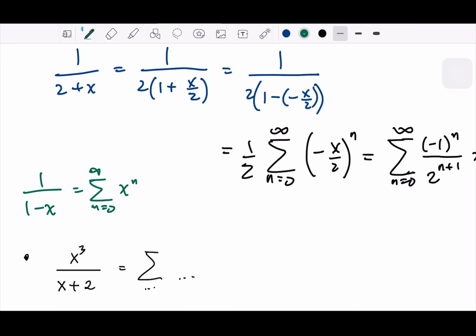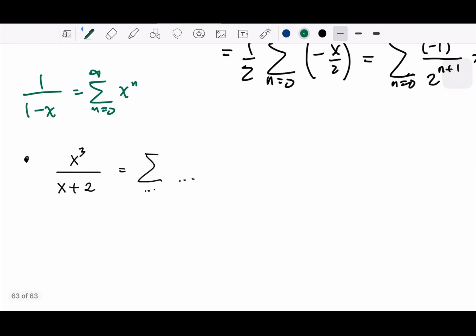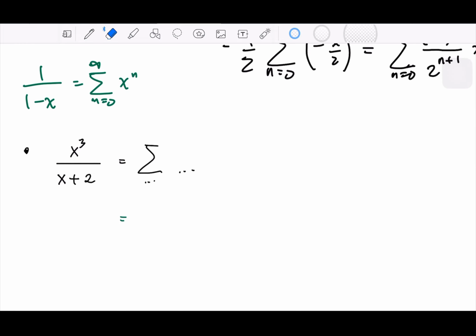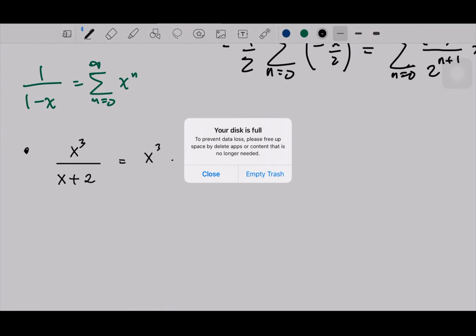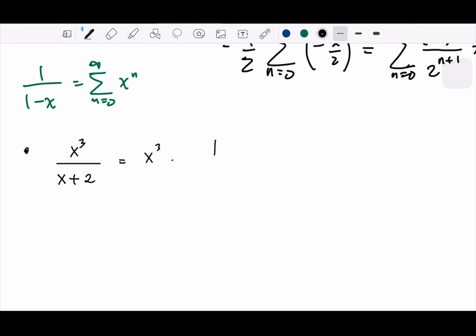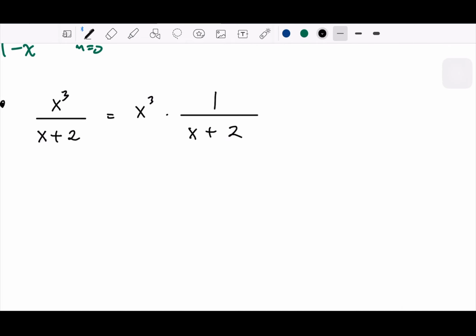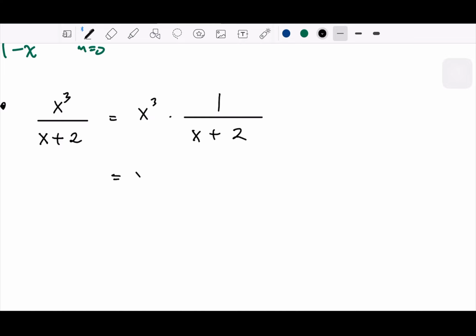So simply, maybe let me write. We can separate this and then take this into two equations like that, and exchange the 1 over x plus 2. This becomes this sum.